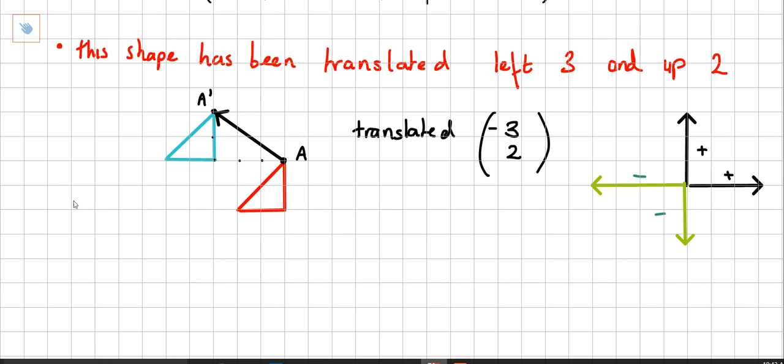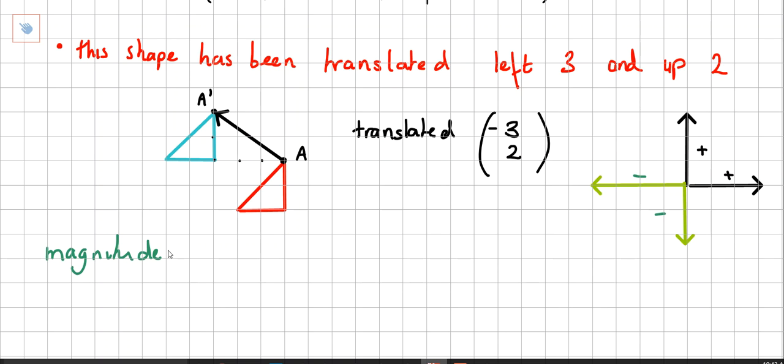I'm sure you've heard of the word magnitude in geography, probably. It's to do with size. It's not specific to earthquakes. Magnitude is just how large something is.